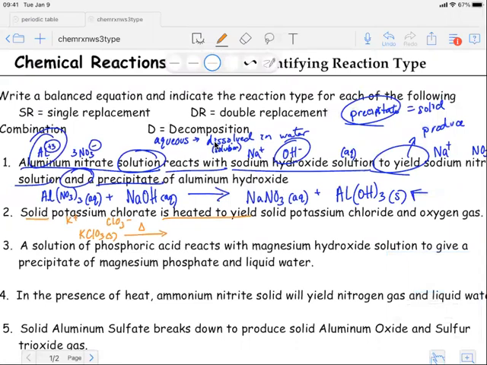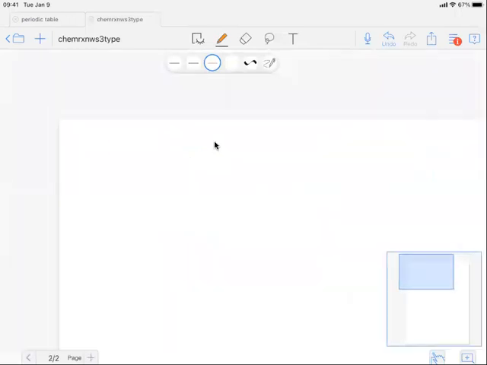Okay, solid potassium chloride. Again, K is positive, Cl is negative, so that's KCl. And it's a solid. And plus oxygen gas. Now, here's the key to oxygen gas. Oxygen gas is something called a diatomic molecule.